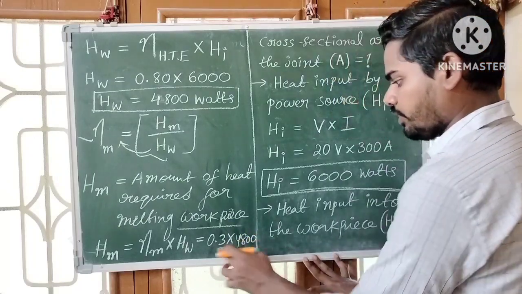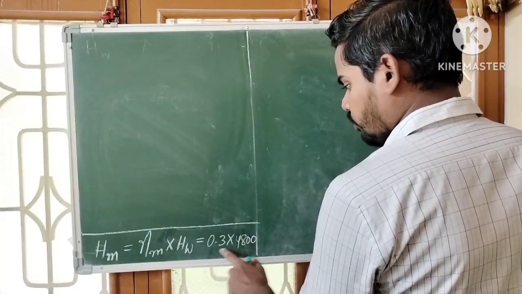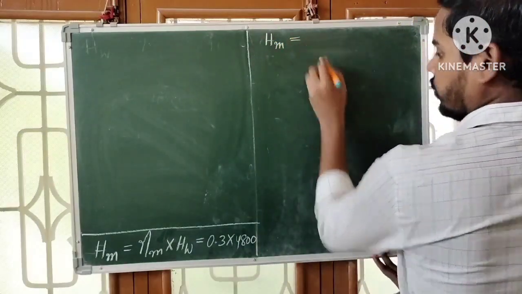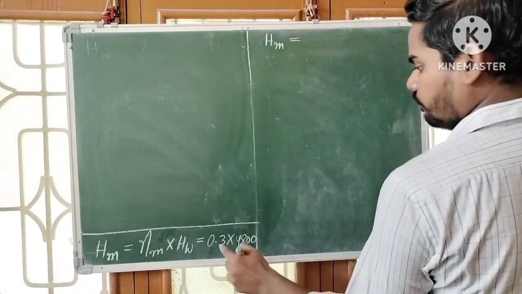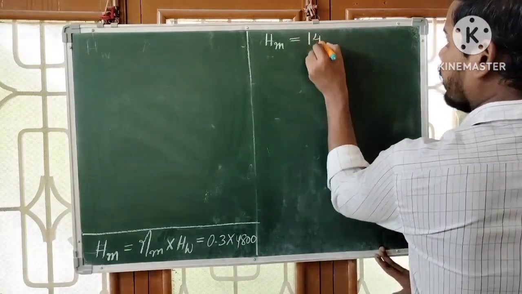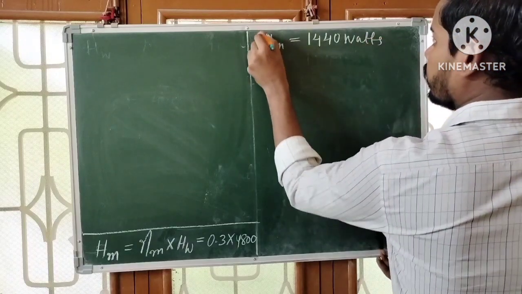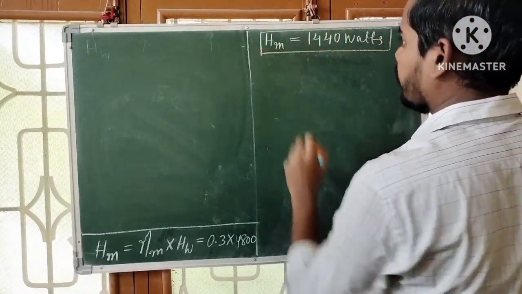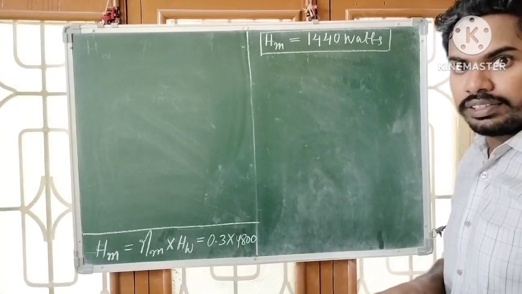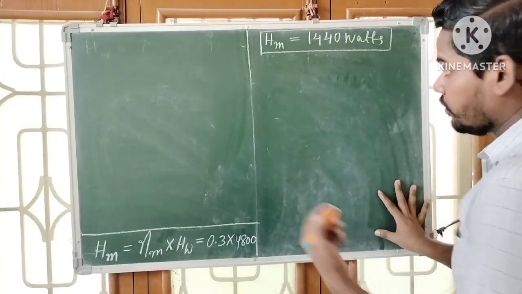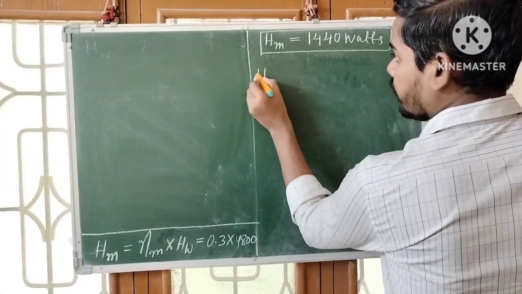Okay, now multiply these two. 0.3 into 4800, HM is equals to 1440. You will get 1440 watts. So therefore amount of heat required for melting workpiece is 1440 watts.